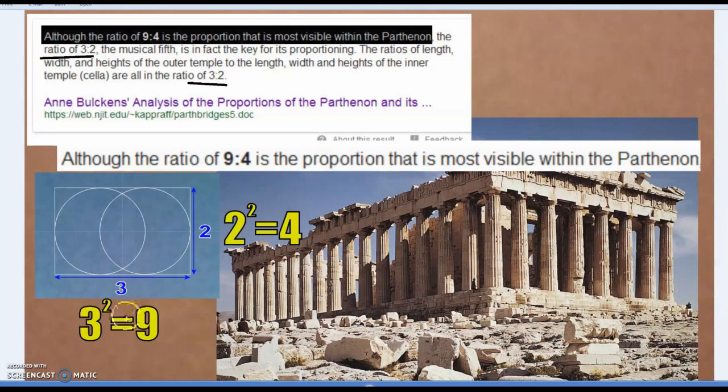So 3 squared is 9, 2 squared is 4. So the proportions of areas, the proportions of dimensions such as height, width, and length, all incorporate this. Again, this was built into it very intentionally. It doesn't happen by accident. And each of those numbers themselves are very specific. 48, which is a harmonic. But that went on for hours looking at that series.